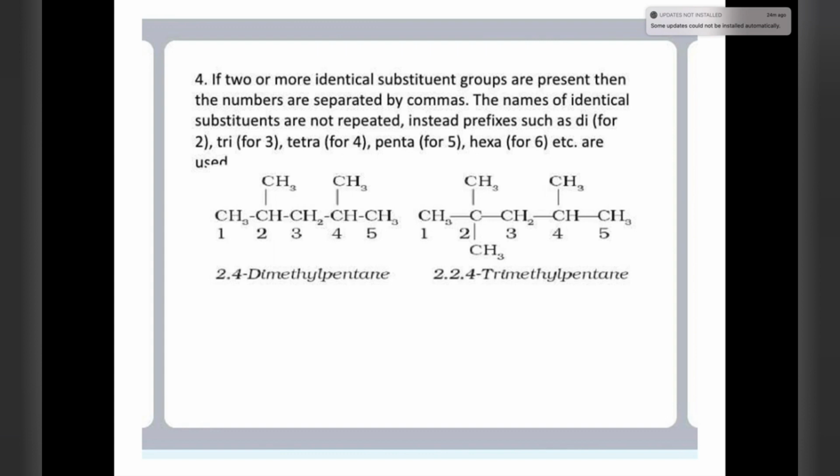In organic chemistry also, you have to be thorough with all the naming reactions from the textbook, and then go through all the reactions. As far as possible, try to read the NCERT textbook.